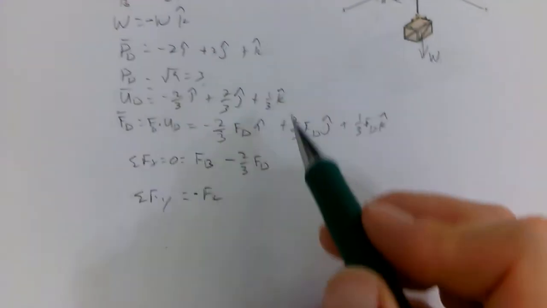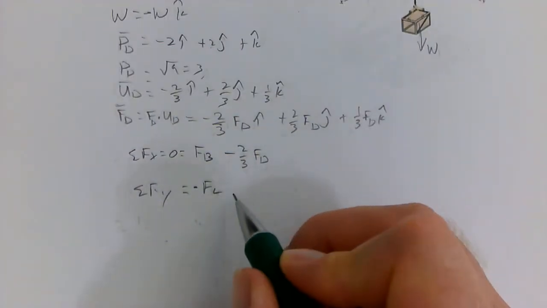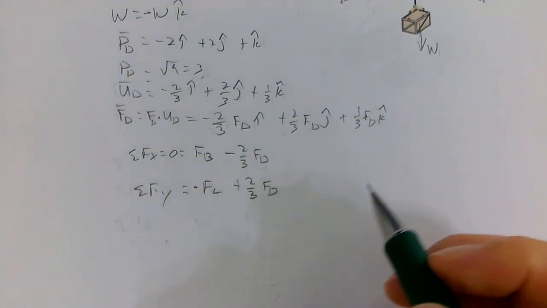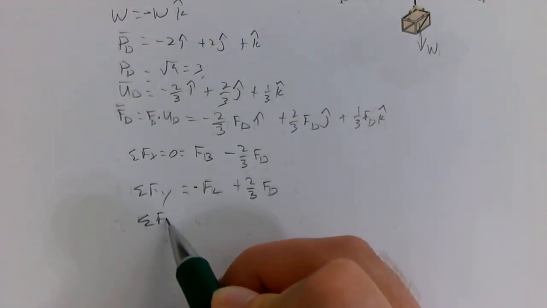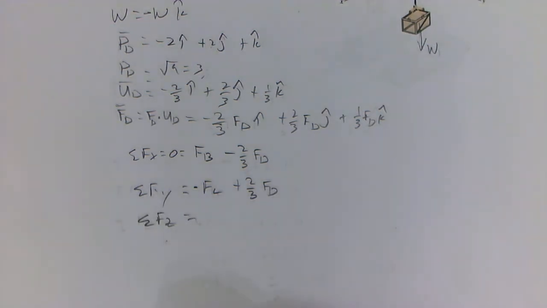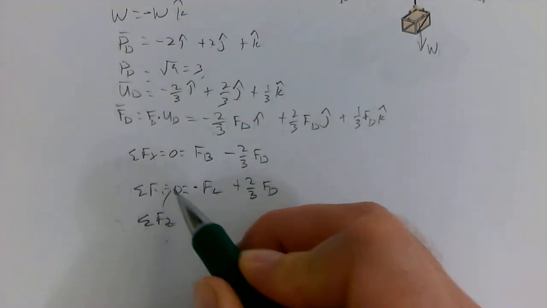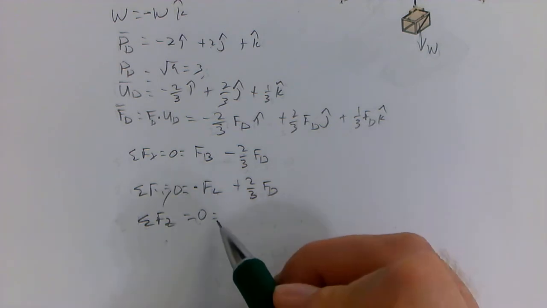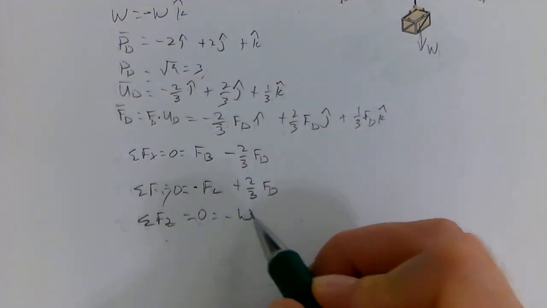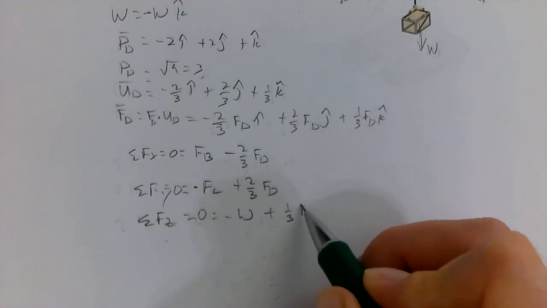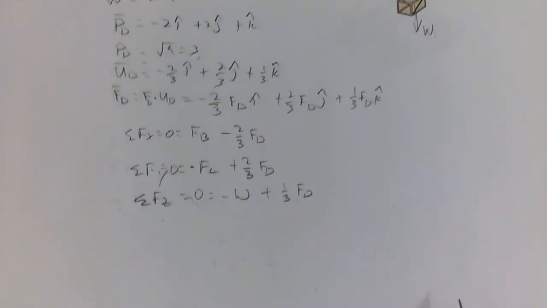And we have the Y component of FD. And if we sum the forces in the Z direction, we have, gotta put our zeros in there, right? So we have negative W down plus 1/3 FD.